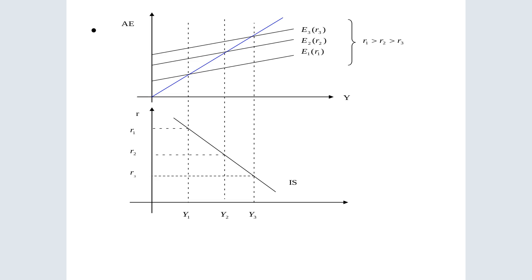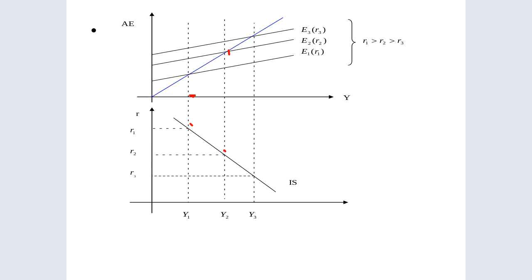So when we said this, that when the interest rate is highest, then we have the lowest level of income, which means we start here. This is the highest interest rate, which corresponds to the lowest income. Then we move. When the interest rate falls, the income rises.